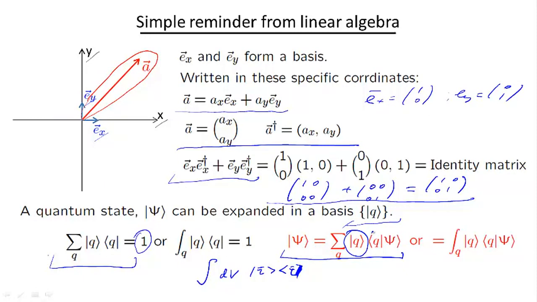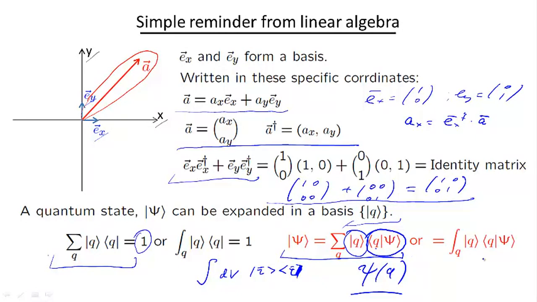And the matrix element between q and psi is what we call the wave function in the q representation. This is much like these coordinates: here a_x can be written as e_x† times A, and here psi of q can be written as the bracket product of q and psi.